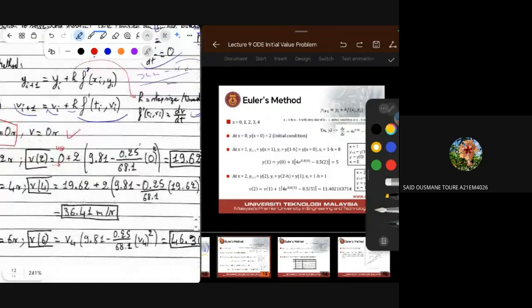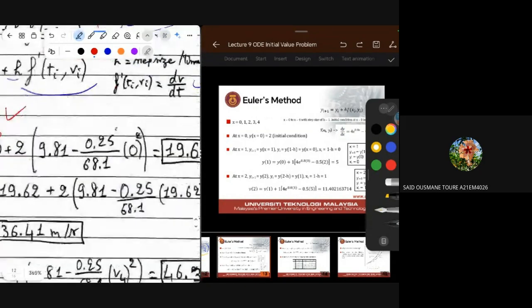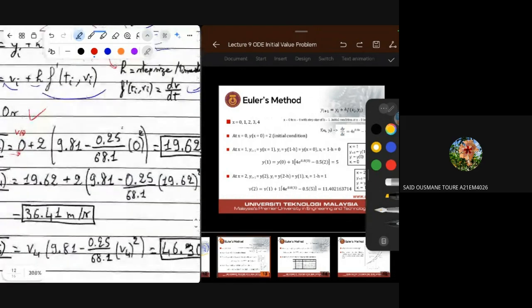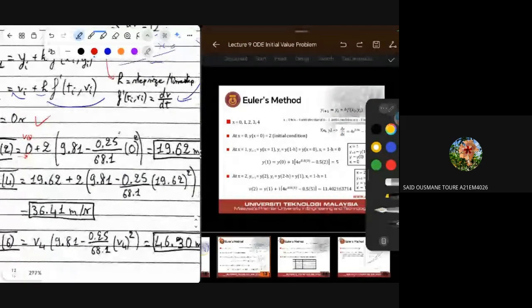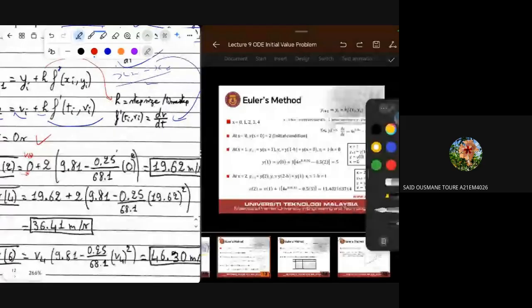What is 2? It is h, which is the step size, times g, which is 9.81. Our function has already been given. Times g minus c over m. m has already been given as well.